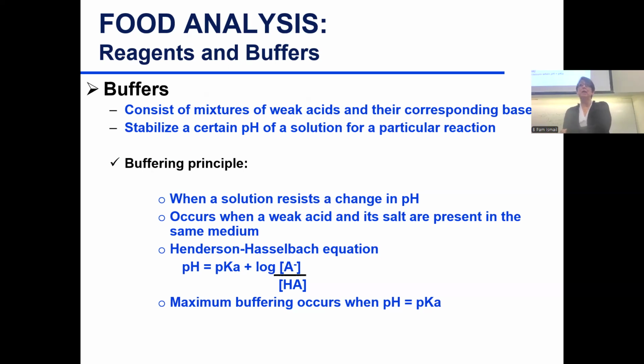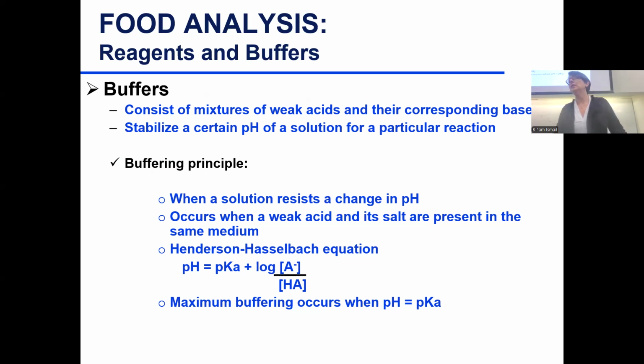And this means pKa equals the pH of your buffer or system when in that solution you have equal concentration or equal amounts of conjugate base and the acid. When you have equal concentration, log 1 will be 0, and you have maximum buffering capacity.